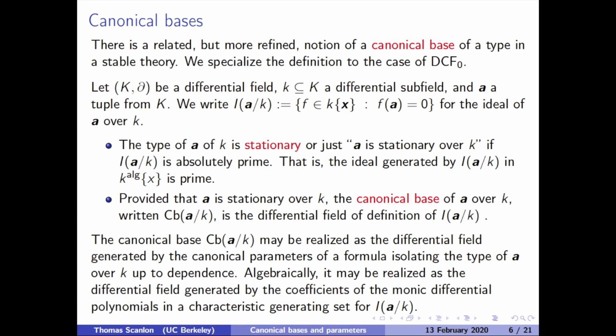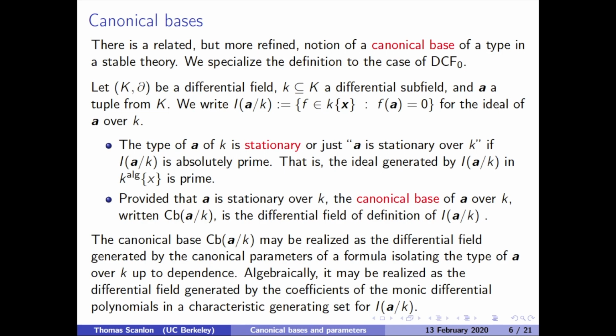You choose the polynomials in there to be monic, and then you look at the coefficients of those differential polynomials and the field that generates. That's going to do it. So algebraically, if you actually want to know how to compute the thing, you look for characteristic generating sets, and you find the coefficients of the polynomials there, and the differential field it generates. That's it.